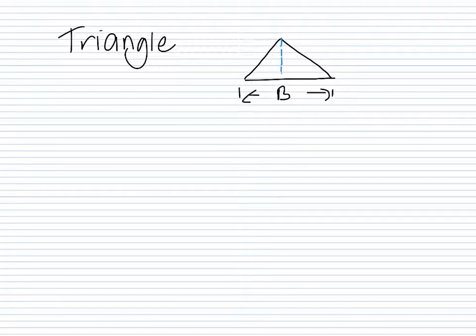So here we draw a line. It is a right angle, and this is called our height. So our formula for the area of a triangle is half times base times height.